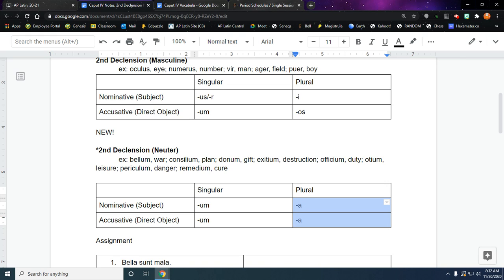We actually see this in some English words, like mitochondria. All right, that's a biology term. That's actually plural. Singular is mitochondrium. Or bacteria. Bacteria is plural. Bacterium is singular.